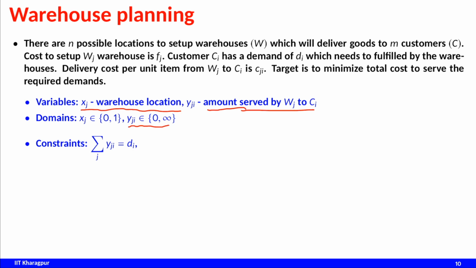Now the constraint is: if I sum yji over j, that means I have a customer ci and there are many warehouses delivering there, and this summation should match my di, because I have to fulfill the customer demand.